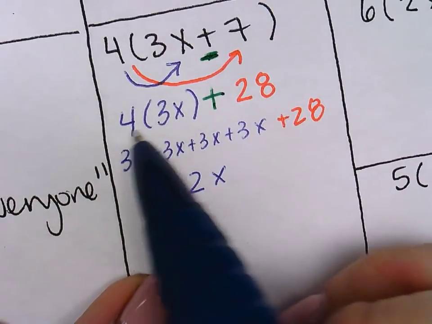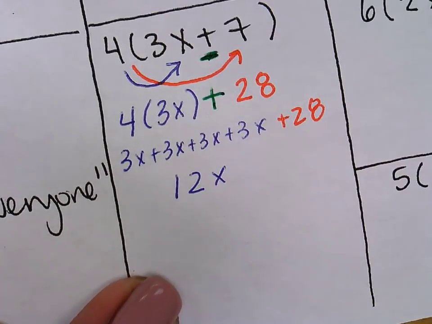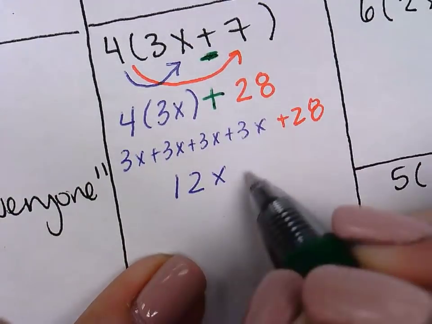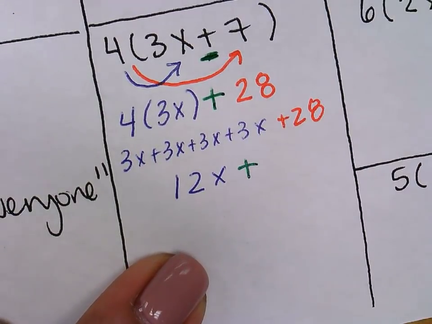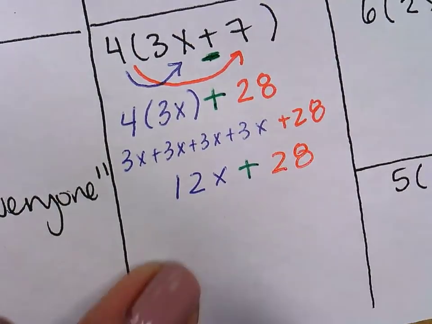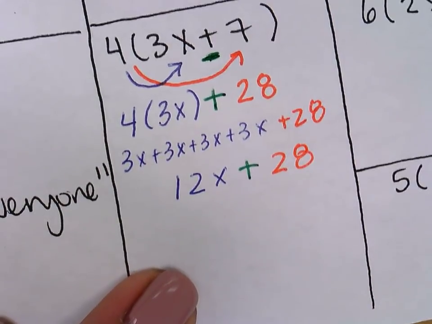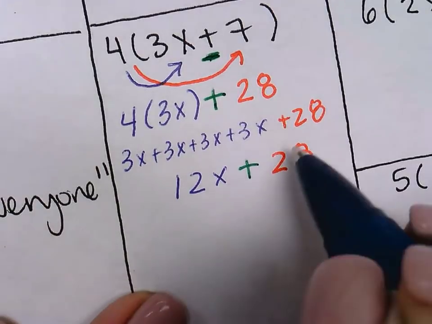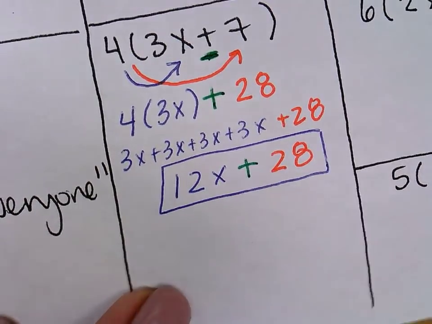Or you would just do 4 times 3 is 12, bring down that x, 12x, bring down that plus, and then bring down that 28. Can you combine anything else? And your answer should be no. And that is your final answer right there.